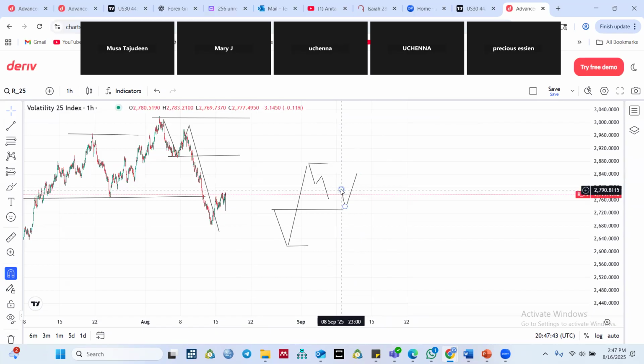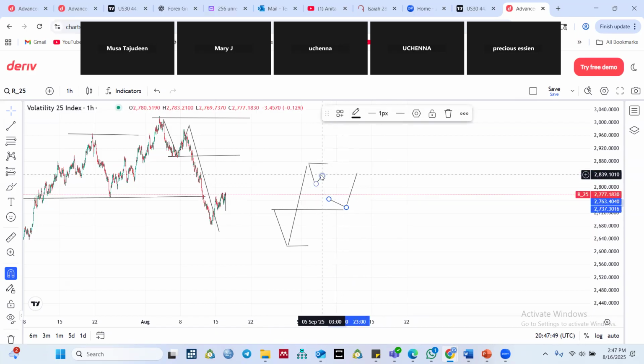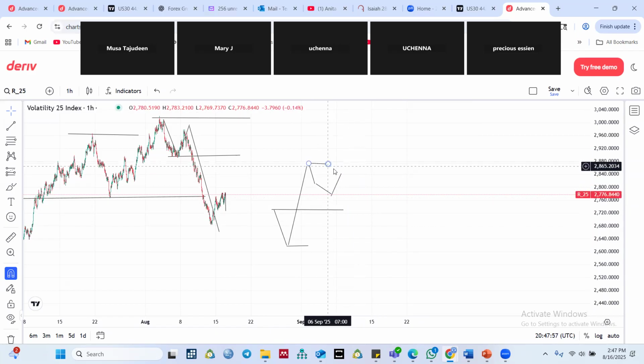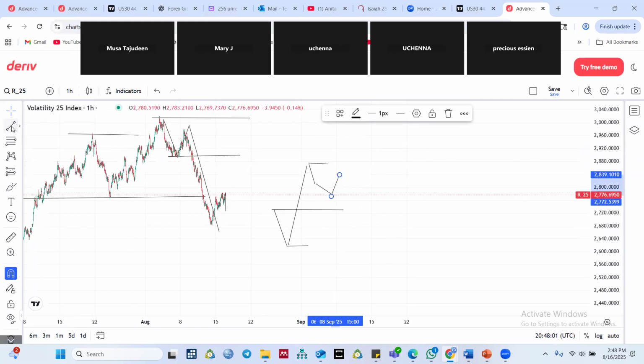Let me even make it look like the way it is. So we got the move straight like this, but it failed. We got something like this. It failed to give us a new high. So at this point, it failed. Then the move was coming down.